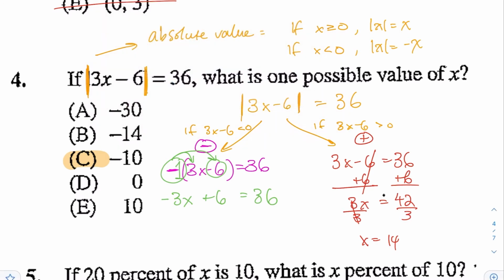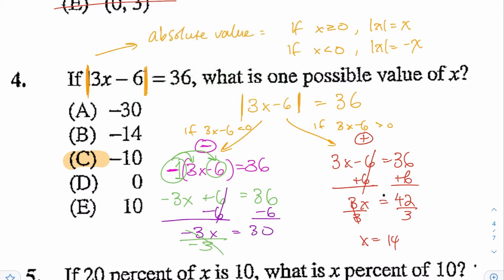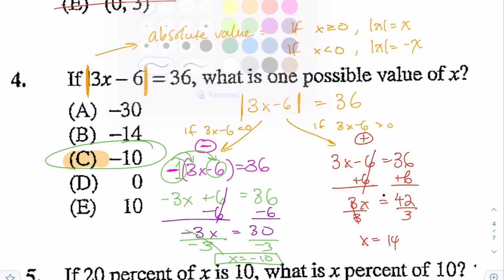From here, you can subtract 6 on both sides and get that -3x is equal to 30. Then you can divide by -3 on both sides to get that x is equal to -10. So that's choice C. Now you should always check your work here.